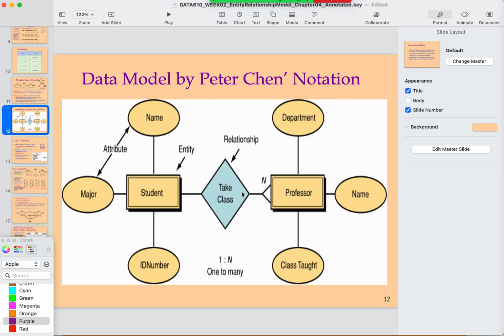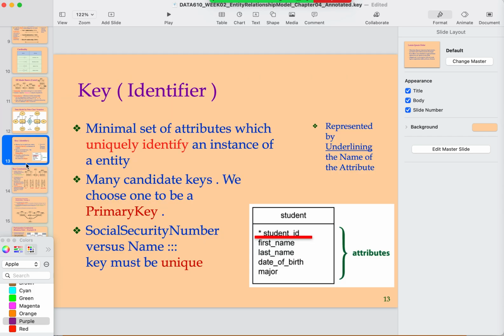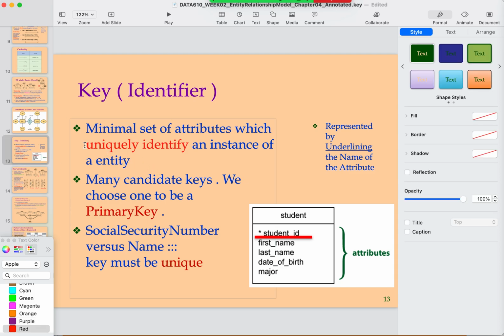Usually, to implement these relationships, in order to link two tables together, in the actual or physical implementation, we need an ID. That's why every student has a student ID, customer has a customer ID, patient has a patient ID. There needs to be a unique identifier.